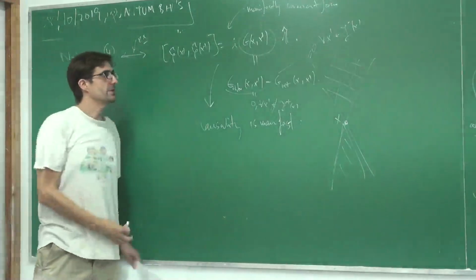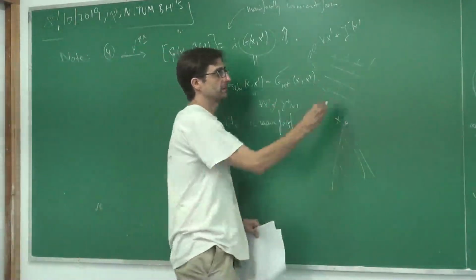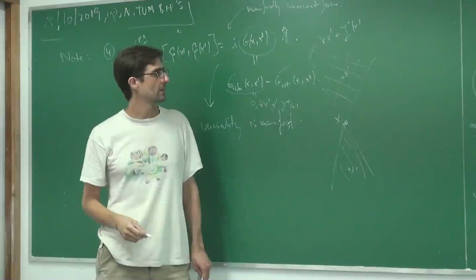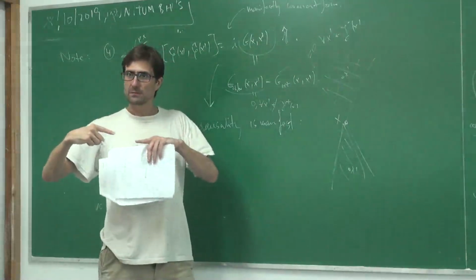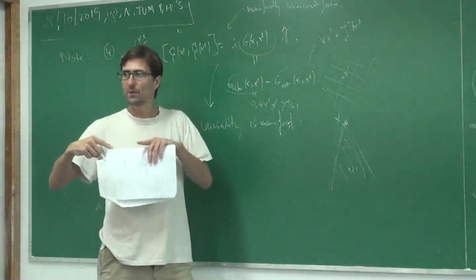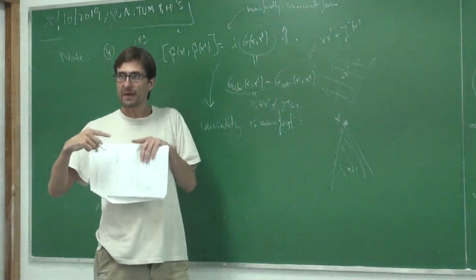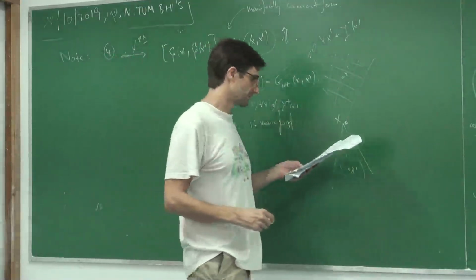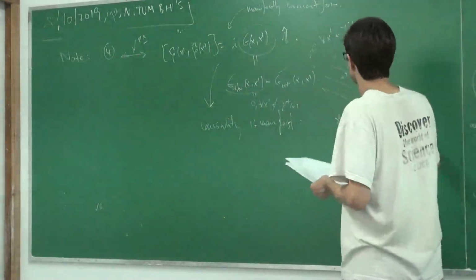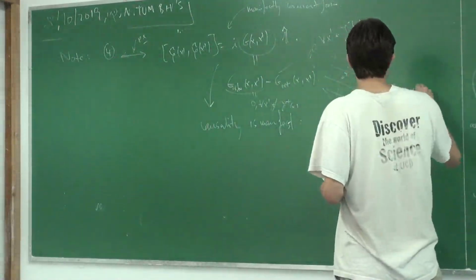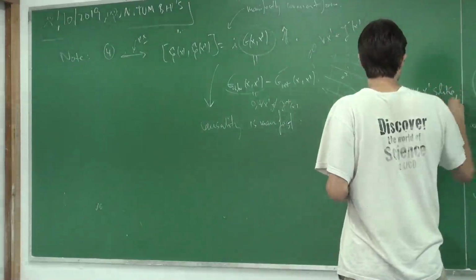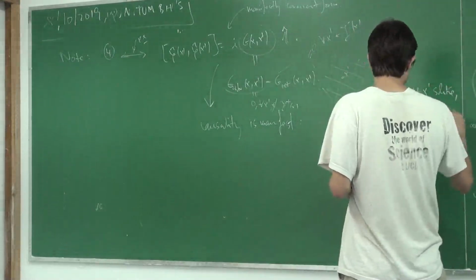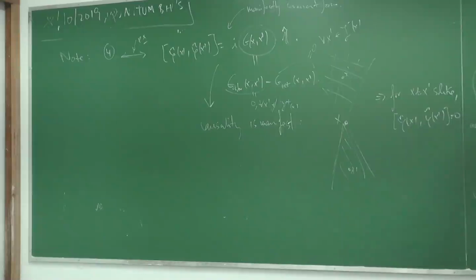The commutator is therefore 0 if x prime is neither in the causal future nor the causal past of x. So if they're acausally related, if there's no time-like or null path joining the two of them, the commutator is 0. So for x and x prime space-like, the commutator is 0.